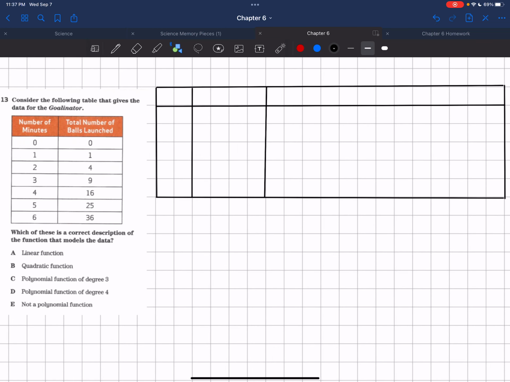And the X's are the same, from 0 minutes to 6 minutes. And of course, I didn't make enough rows. That's the nice thing about tables, though. You can always add a row.